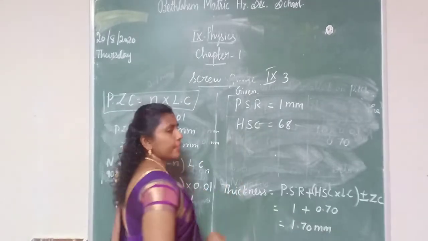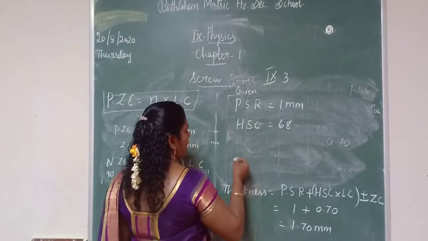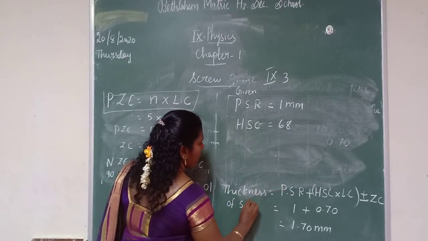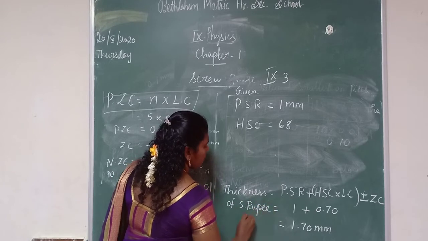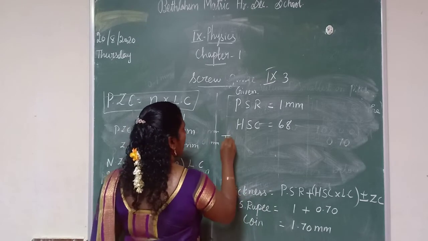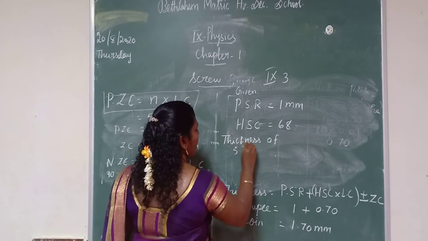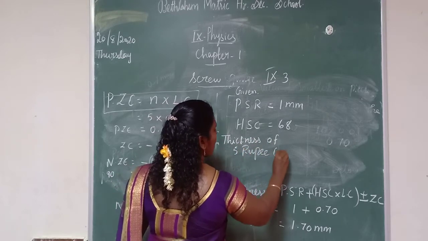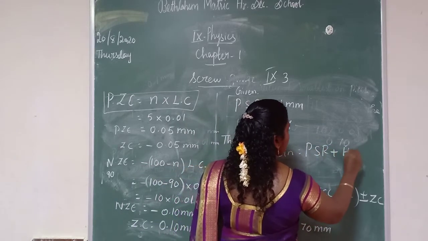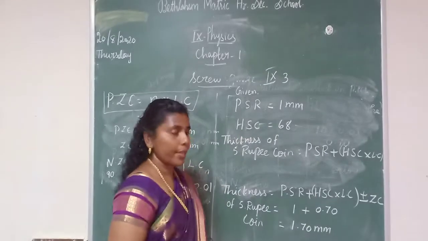You have to find the thickness of the 5 rupee coin. So you have to write thickness of 5 rupee coin equal to, the formula is PSR plus HC into LC. The question says there is no error.